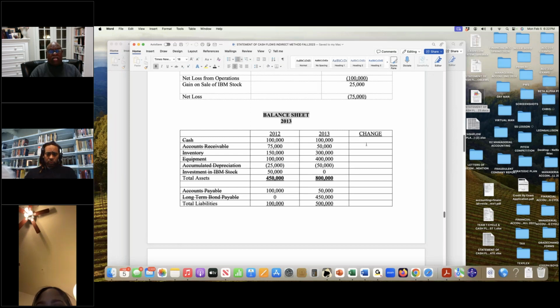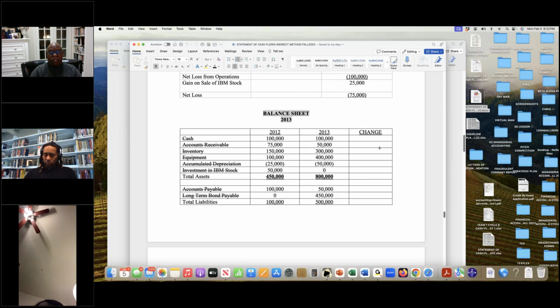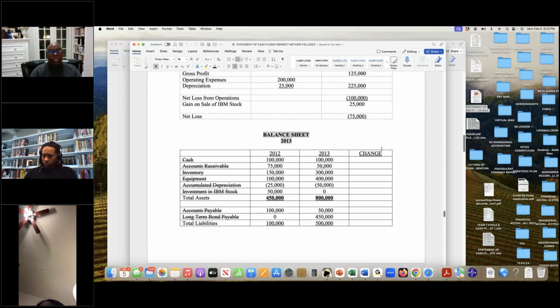We could have had a lot of income in operations, but invested and paid out dividends, and we'd have been okay. But if operations is the problem and we got money from down here in part three, then that's not the best area. So we're going to be looking at the income statement, looking at the balance sheet.